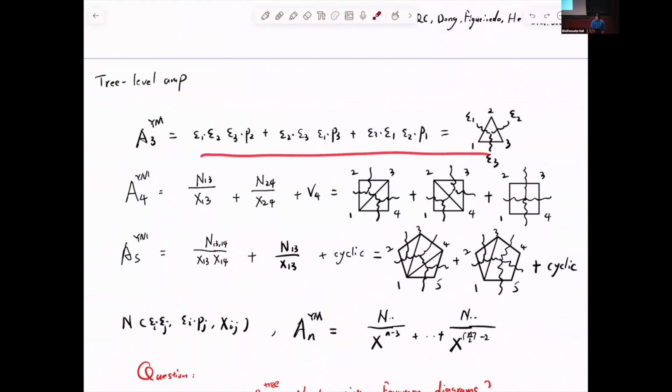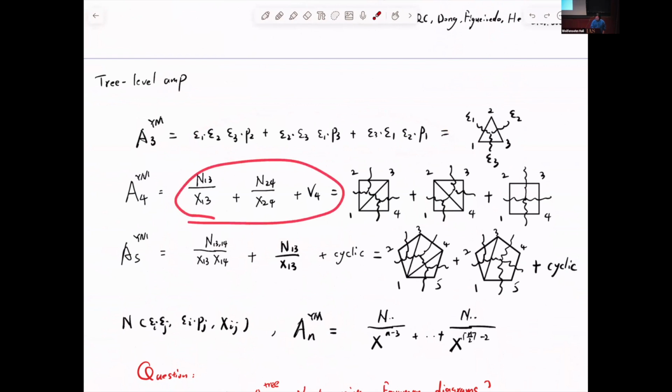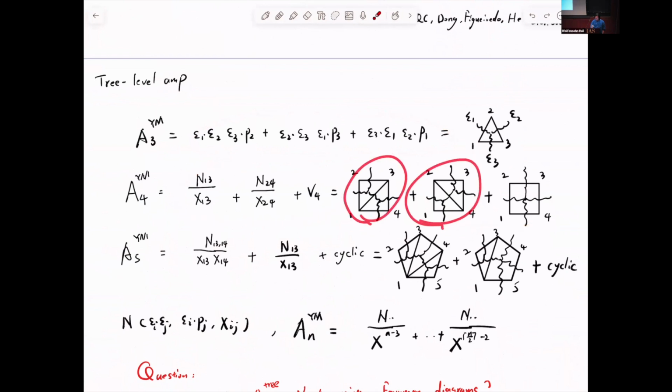For example, 3 points is just a polynomial in epsilon dot p, and 4 points can have 3 diagram contributions: 2 are the usual exchange diagrams, and 1 is the 4-point vertex. Starting at 5 points, you can have the triangulations and one triangle with the quadrilateral, and other terms you can get by cyclic permutations.